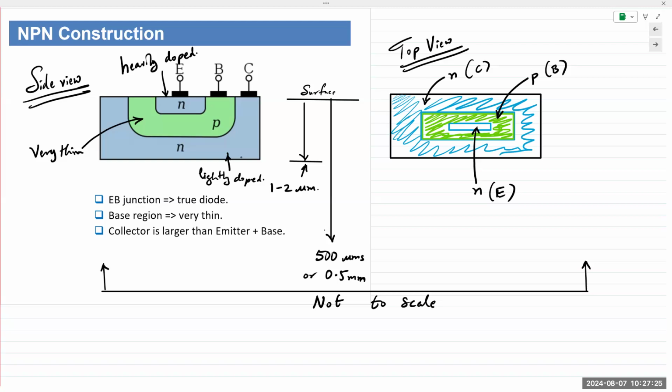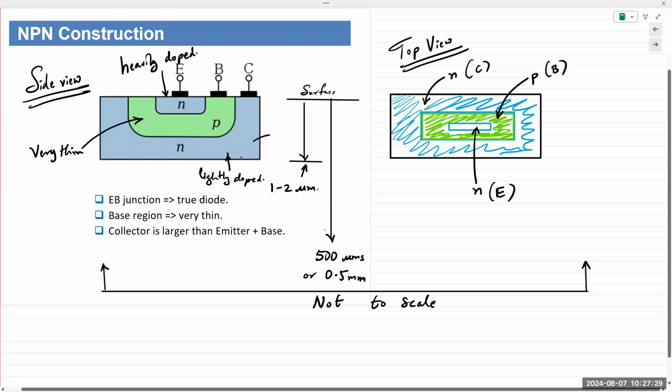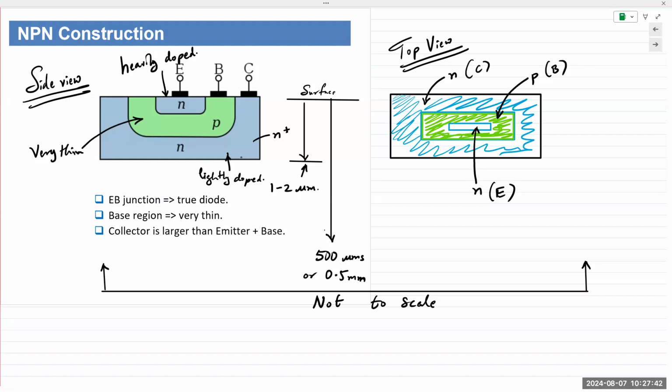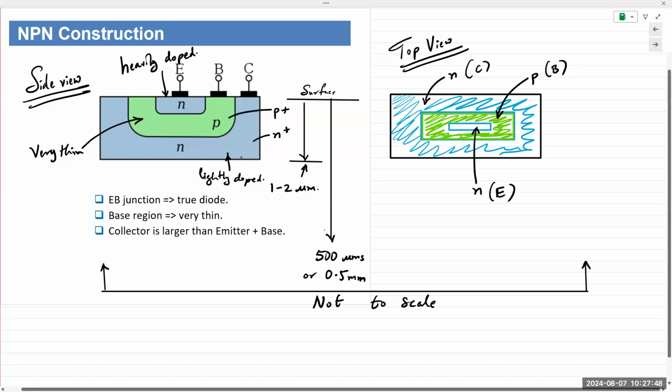All right. One final note about this is that sometimes we refer to the doping by a notation of plus. So we could say N plus means there are more charge carriers than a certain level. And then you have P plus.